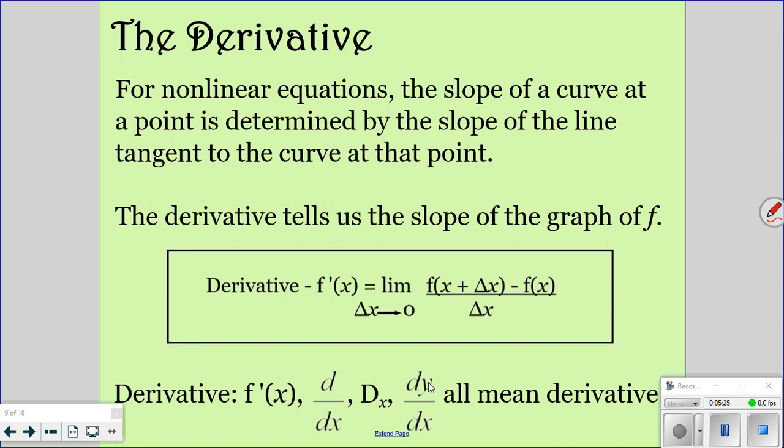So we'll talk about this more later, but there were actually two people that invented calculus. It was invented almost at the exact same time, and one of them might have invented it first, but the other one published it first.